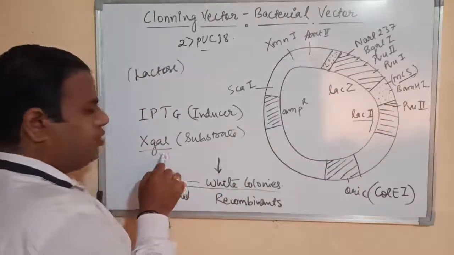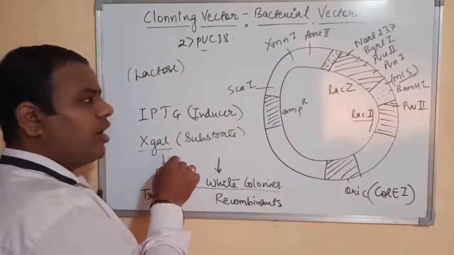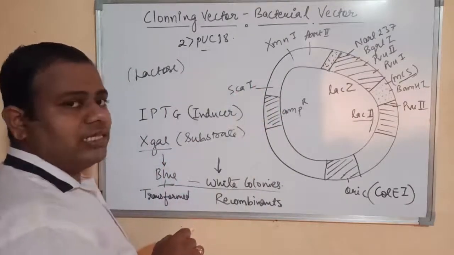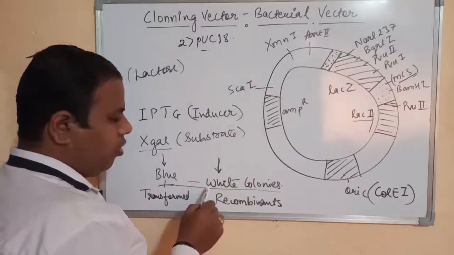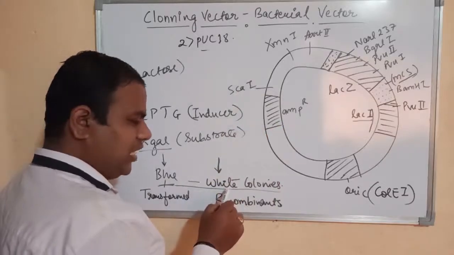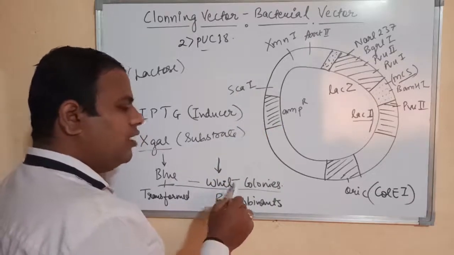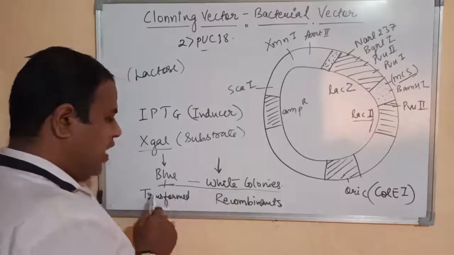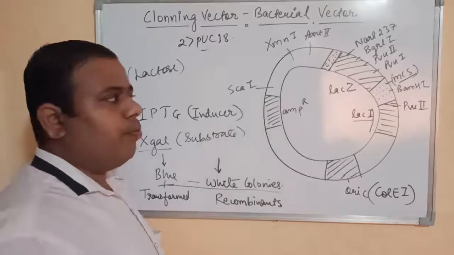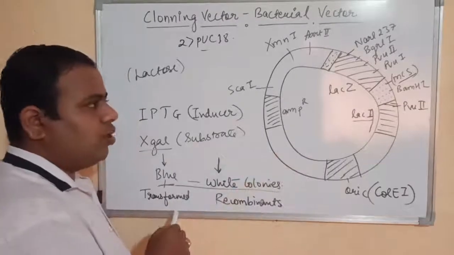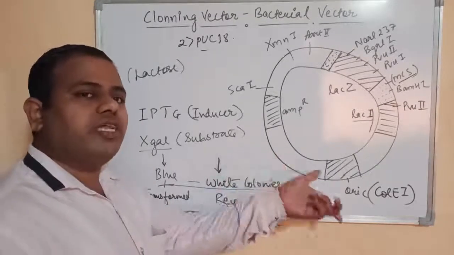This X-gal substrate will not be utilized by the beta galactosidase enzyme, as it is not present there, or the gene is disrupted. So the bacterial colony is going to give us white color, and therefore these white colored colonies will be recombinant colonies. Hence, on the basis of blue-white screening, we can screen for the recombinant one, or we can screen for the transformed one in which the plasmid is present in the bacteria.